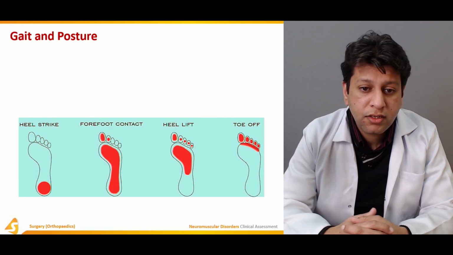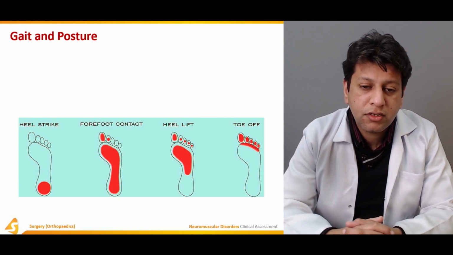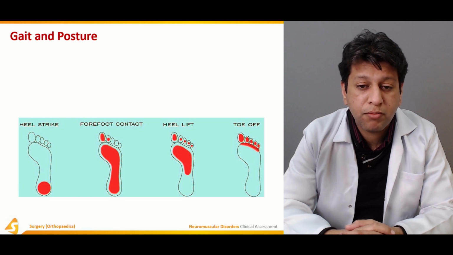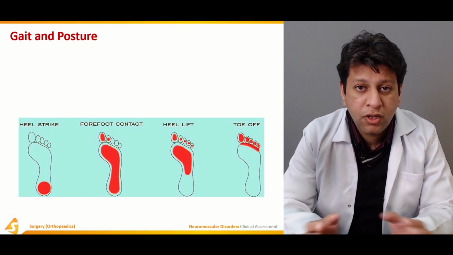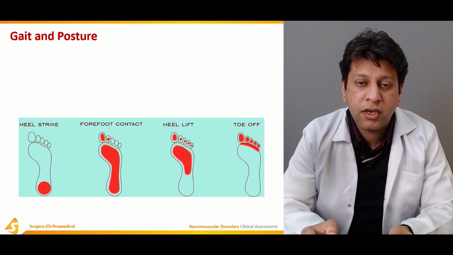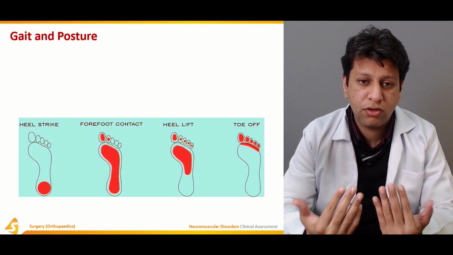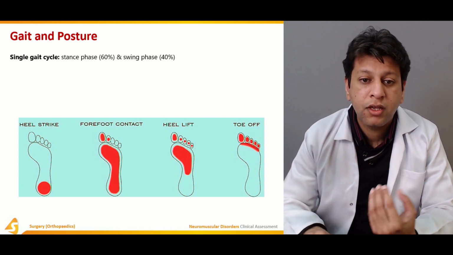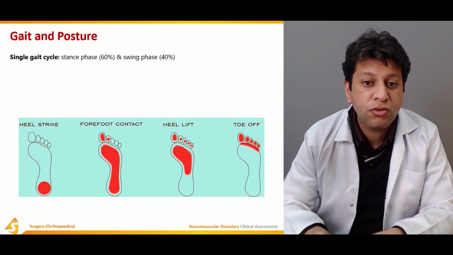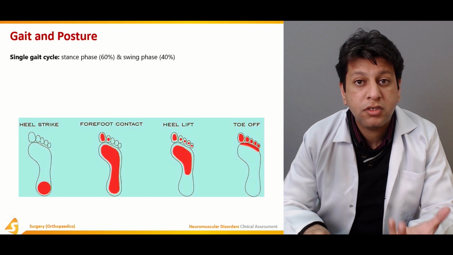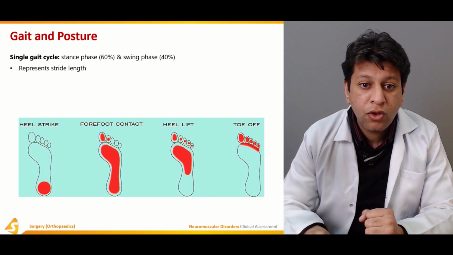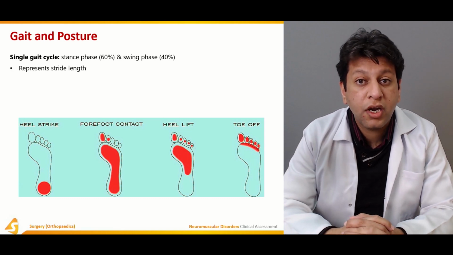So, how is the gait actually analyzed? Nowadays there are different mechanisms, including computer-assisted gait analyzers. But on a natural look, the first thing we look at is the single gait stance, which is usually called the stance phase, which is 60%, and the swing phase is roughly 40%. This represents stride length.